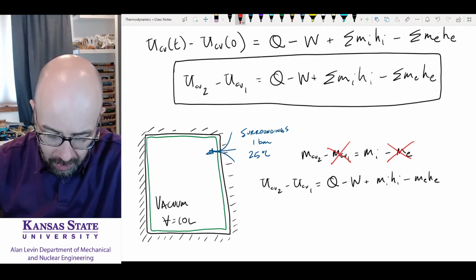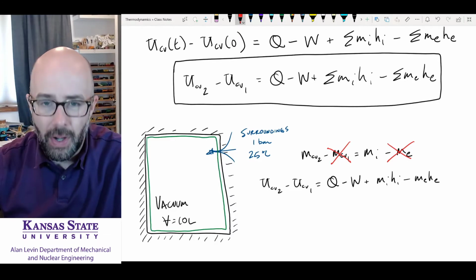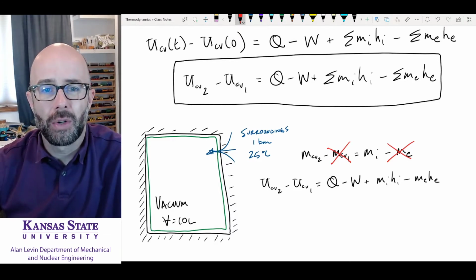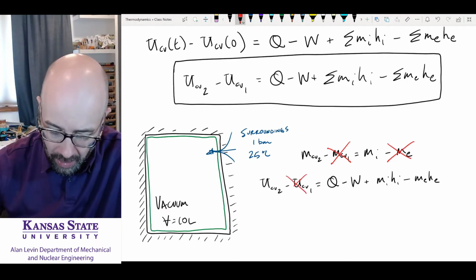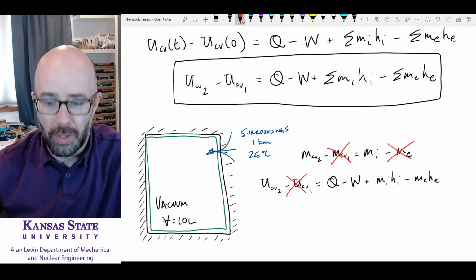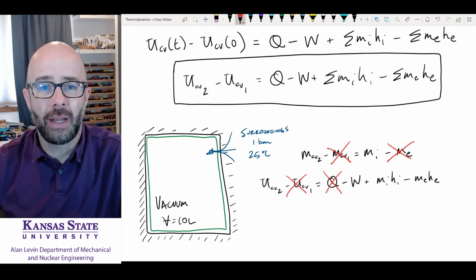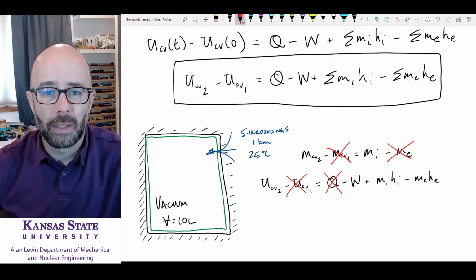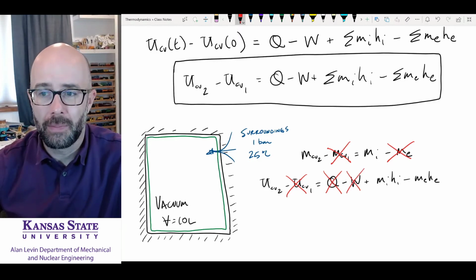Let's look at the second equation here. The internal energy of the control volume at state 2 minus the internal energy of the control volume at state 1. Well, there isn't anything in the control volume at state 1, so this is going to go away. We're also told that there is no heat transfer, because as they said, it's insulated. And we don't see anything inside of here that's doing any work, so the W goes away.